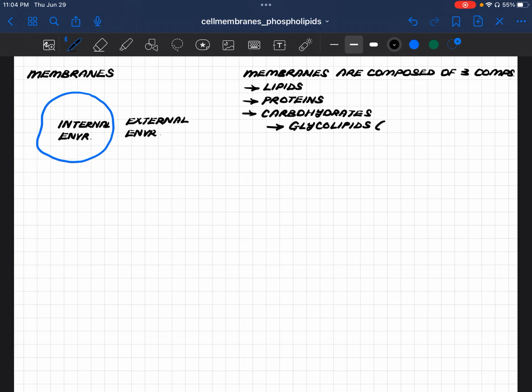So glycolipids are just carbohydrates attached to lipids. And then we also have glycoproteins, and these are carbohydrates attached to proteins.